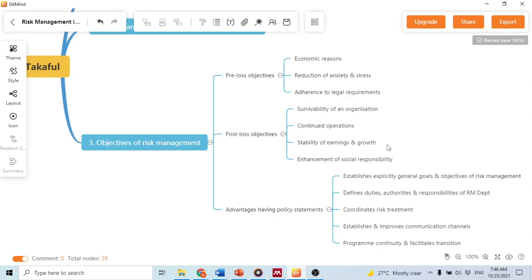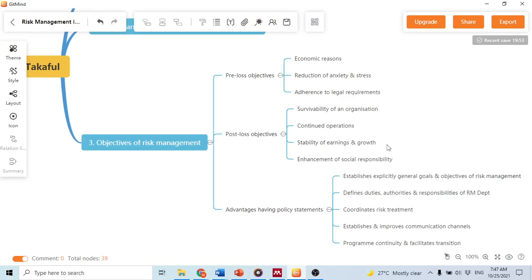The risk policy statement will lay down the risk management philosophy and will provide a framework within which a risk manager can make decisions. Besides defining the various risk management objectives, it will also stipulate the duties and responsibilities of the risk manager. So there are several advantages of having policy statements.